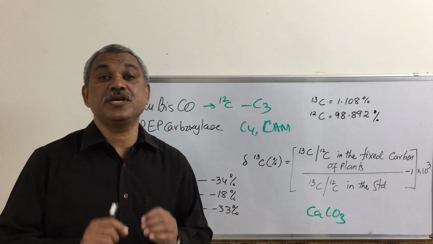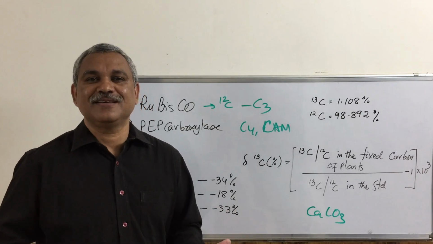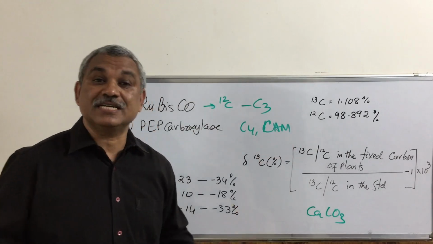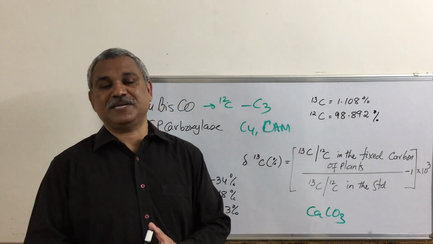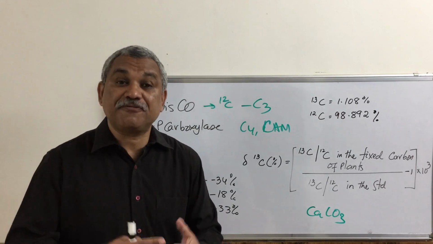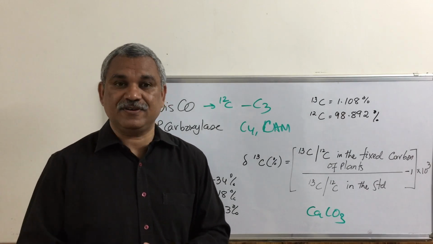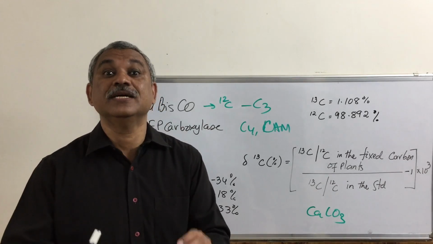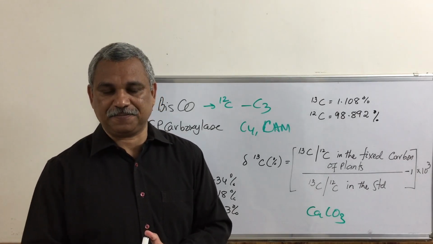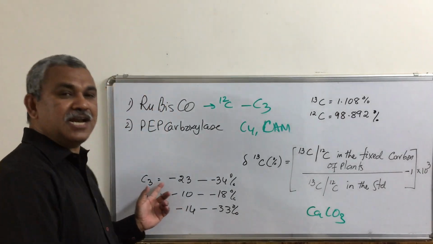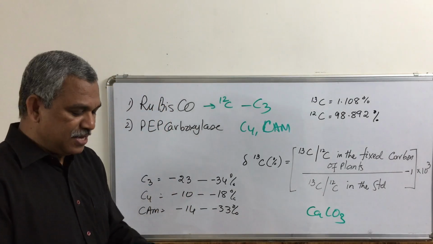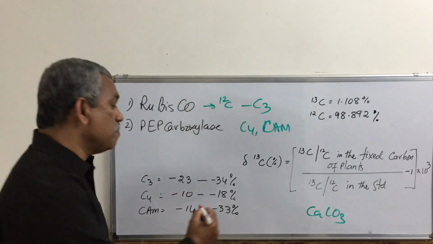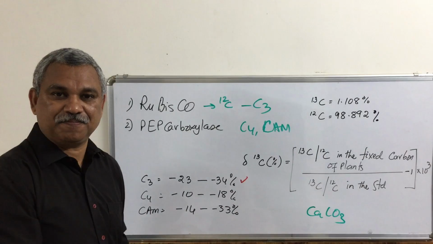If the ratio is 0, that means there has not been any preference towards C13 or C12 carbon atoms. If the ratio is negative, it means there has been a preference for C12 carbon atoms. Generally for a C3 plant, the ratio is between -23 to -24%.